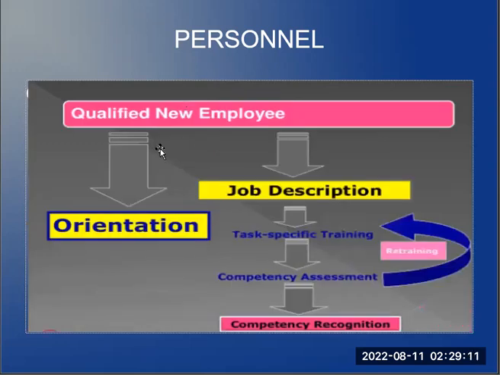So this is what I told you earlier. From job description, you will know your job description, then they will train you, then competency exam. If you fail this competency exam, they will retrain you again until you pass.